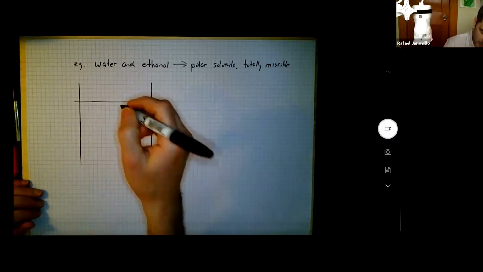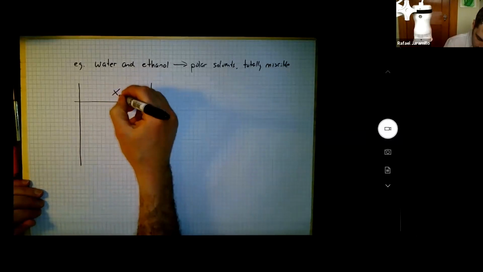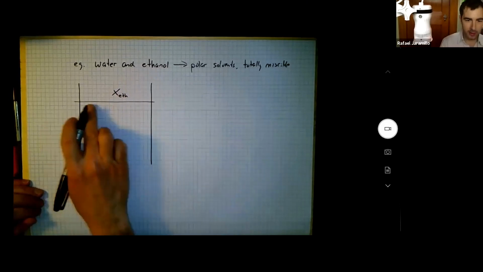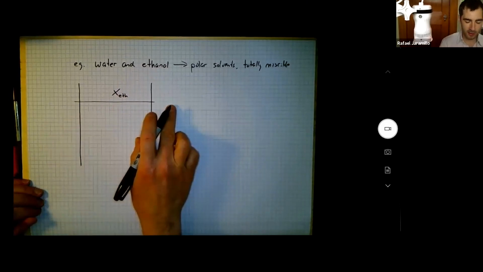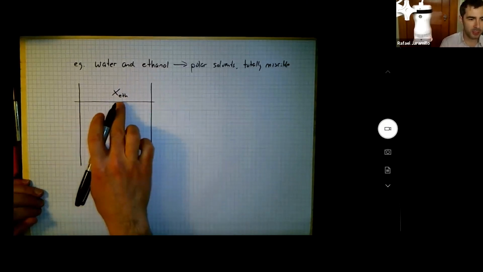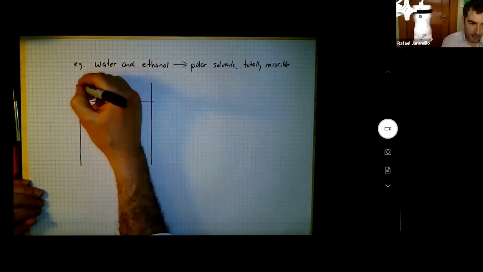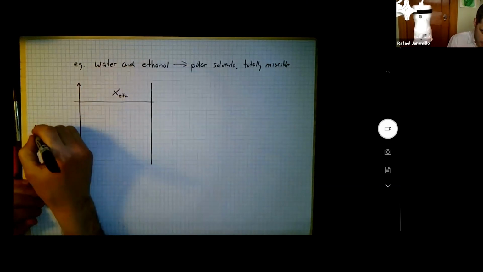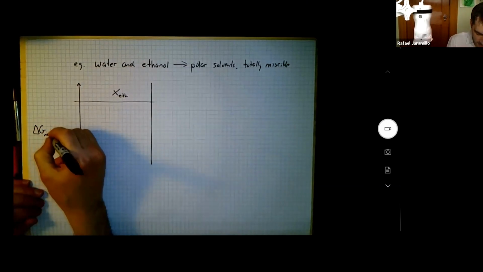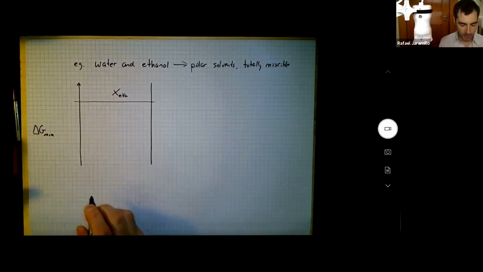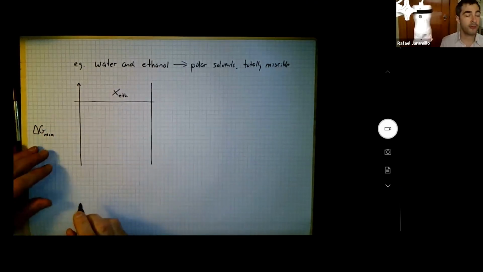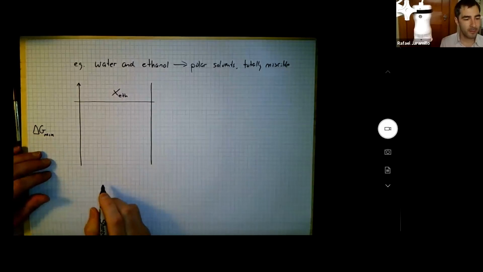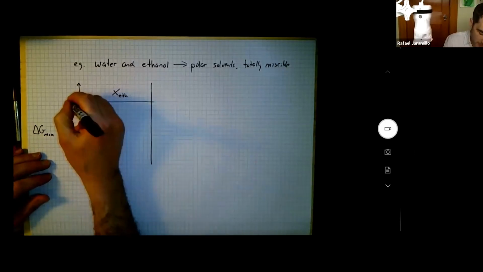So let's say the horizontal axis here is ethanol composition. And I'm going to make the y-axis something which we'll be spending a lot of time with, which is the Gibbs free energy of mixing. And I'm going to put 0 here.